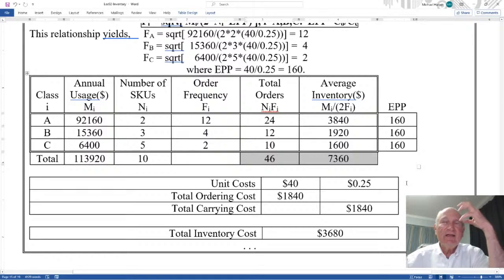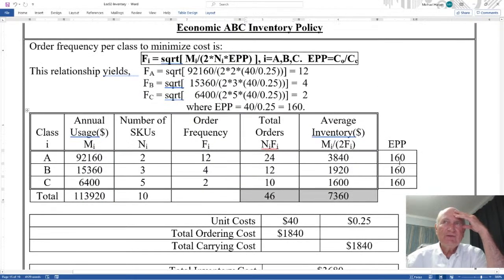Because everything is coordinated. Everything is equal. So at EOQ, my EPP will be the same for every class in my inventory ABC classification. Then it's balanced. This is called a balanced economic inventory.